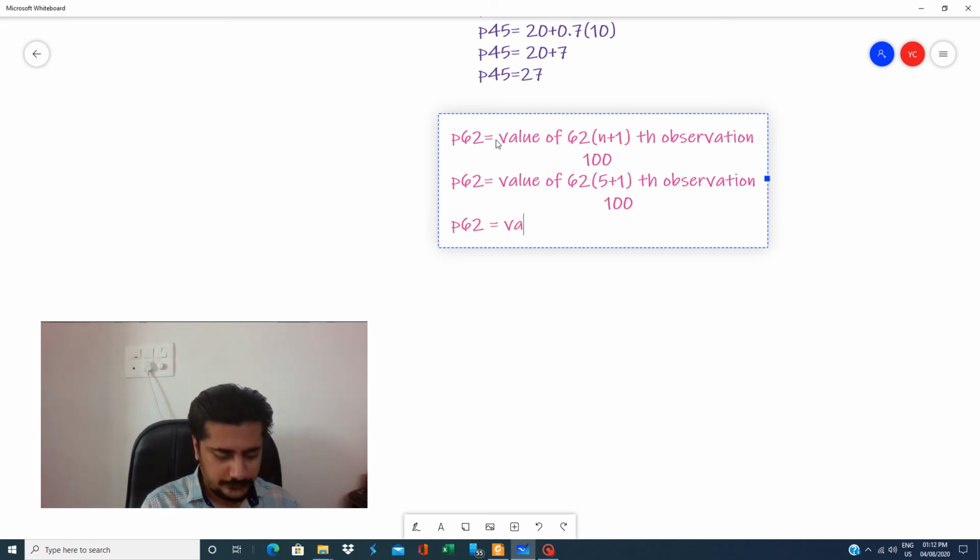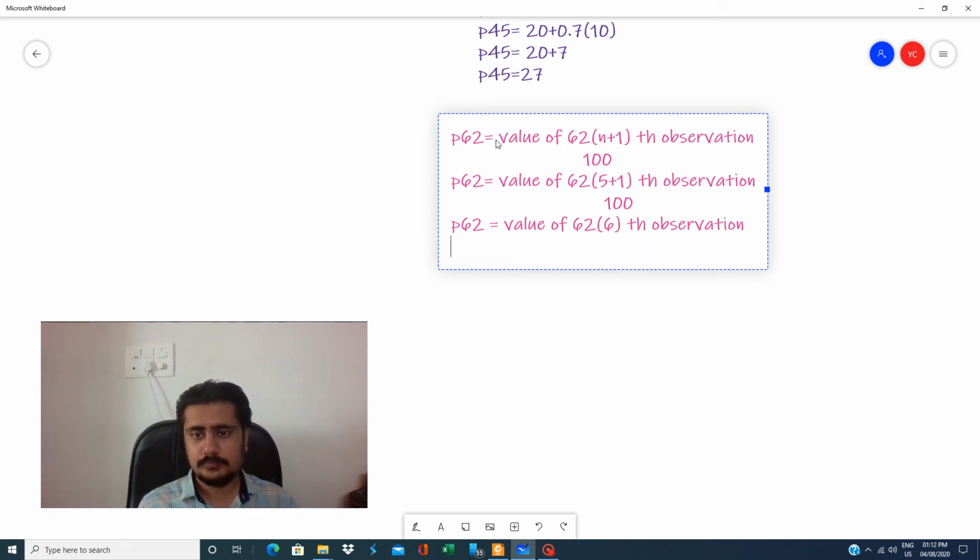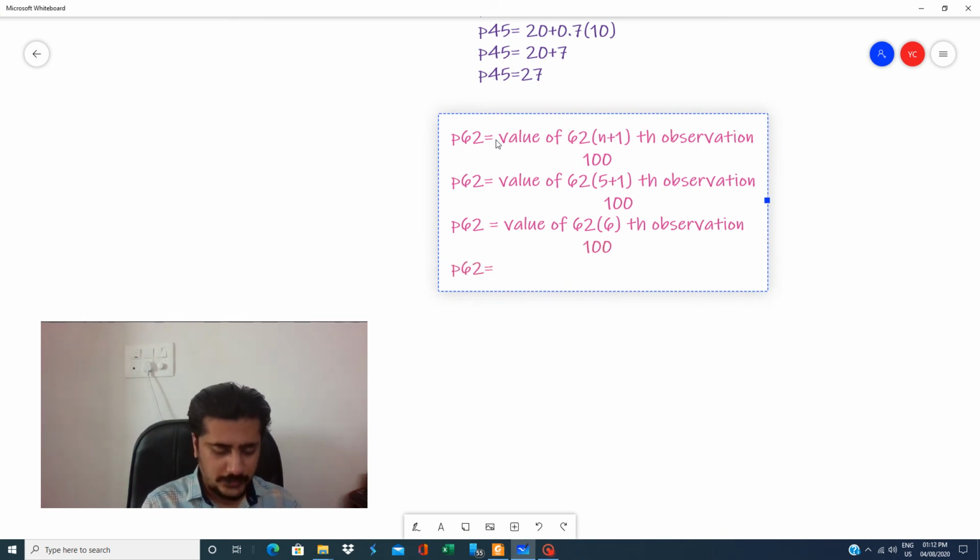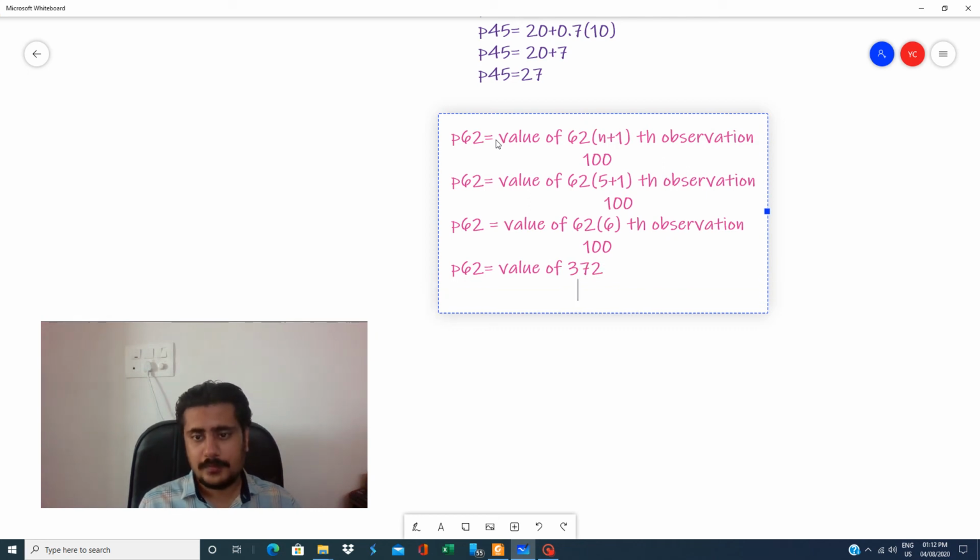P62 is value of 62 into 6th observation. P62 is value of 372 upon 100th observation.